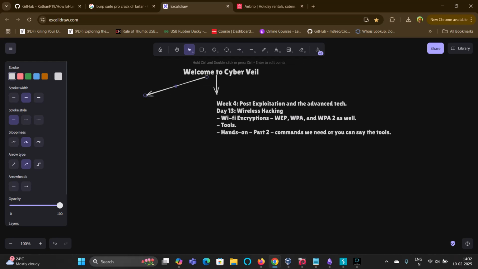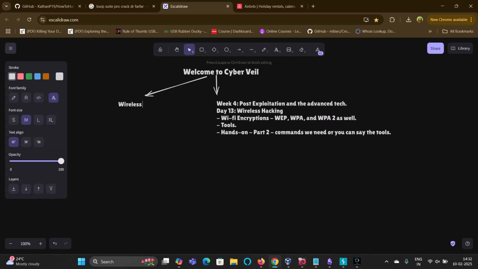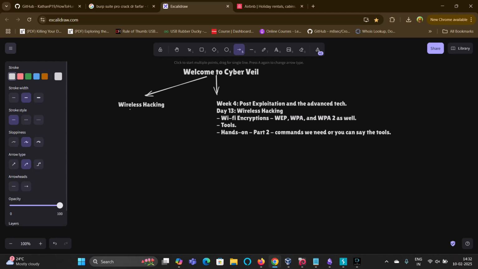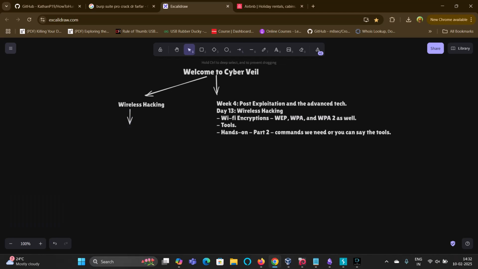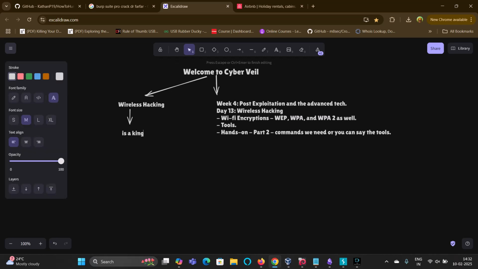Firstly, we are going to discuss wireless hacking. What is wireless hacking, and how do attackers or hackers perform it? Basically, wireless hacking is a kind of hacking which is performed over the internet or Wi-Fi.